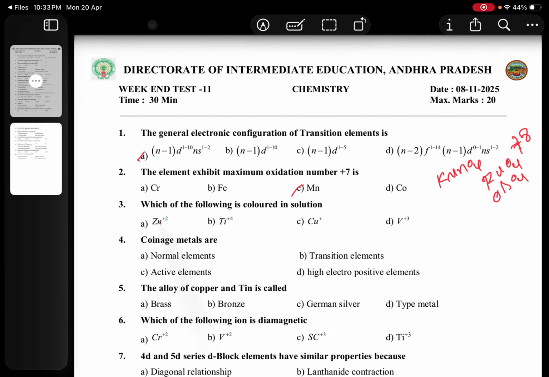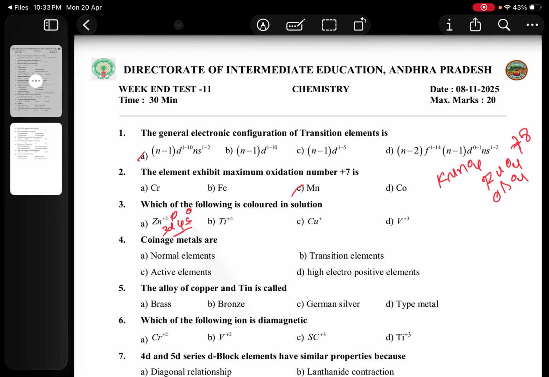Next, third one: which of the following is colored in solutions? The ions which contain unpaired electrons can exhibit color. In the given options, first Zn plus 2. Zinc atomic number is 30, so its electronic configuration is 3d10 4s2, plus 2 means 4s0.